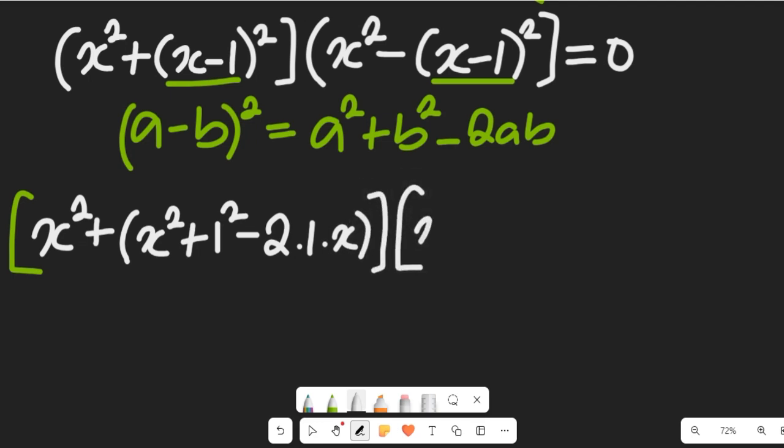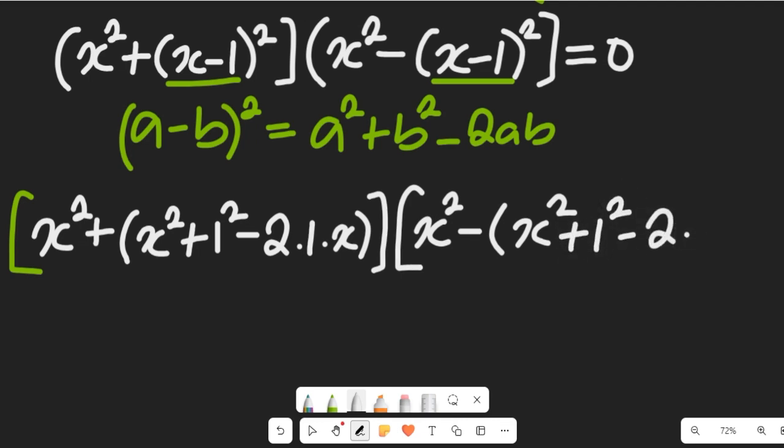On the other hand, we'll have x squared minus (x squared plus 1 squared minus 2 multiplied by 1 multiplied by x), and all of these will be equal to 0.